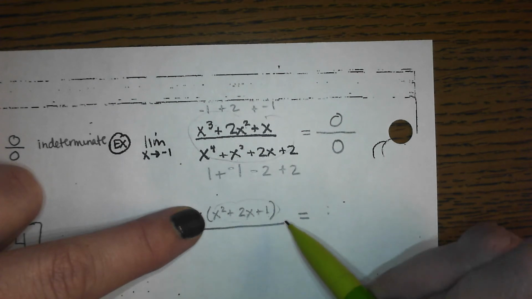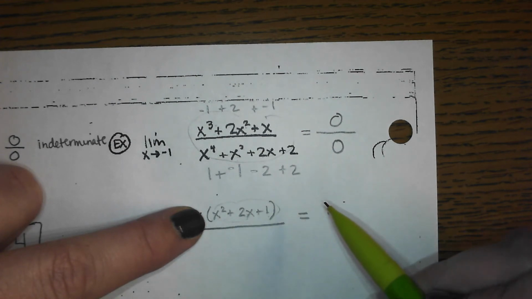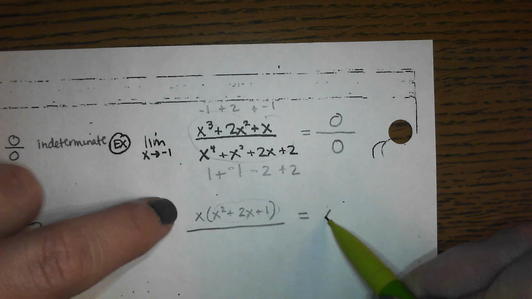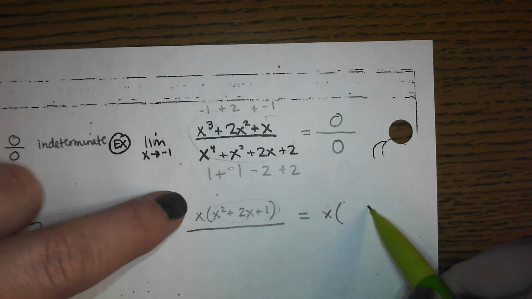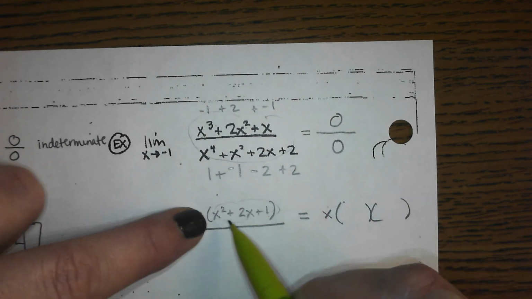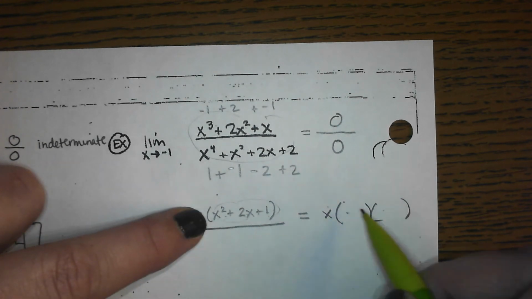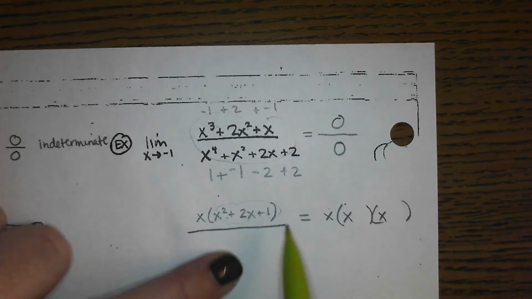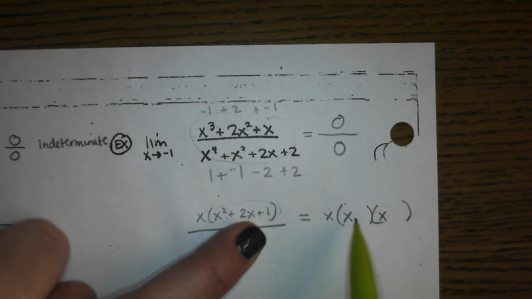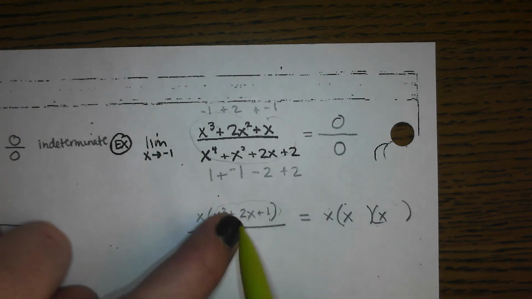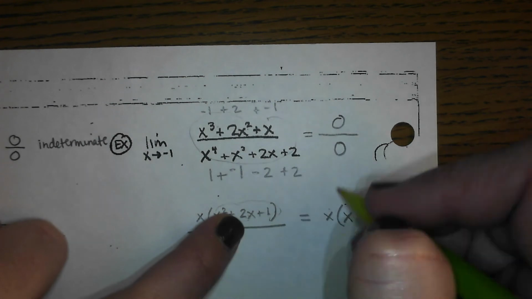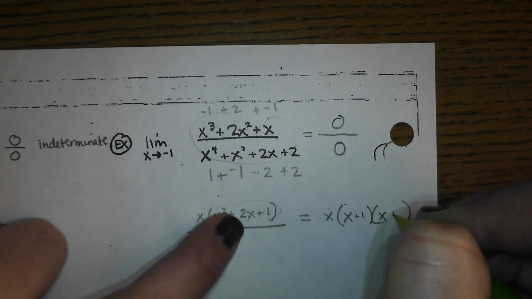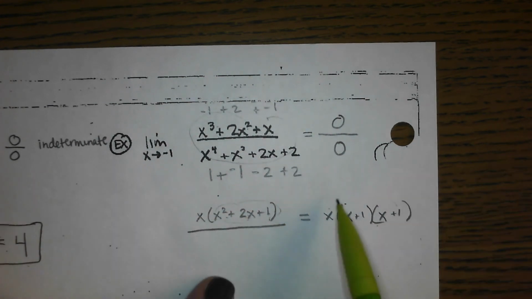I would do a trinomial by my traditional like algebra 1 ways, which would be like what times what gives you x squared, x and x. What times what gives you a positive 1 such that your outer and your inner will make positive 2. Plus 1 and plus 1, right? So that's the top factored.